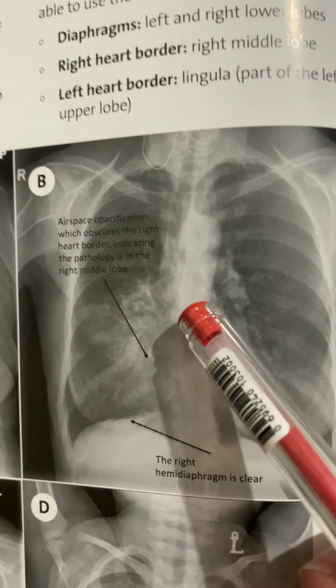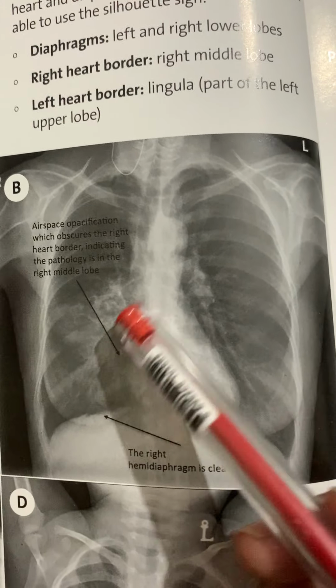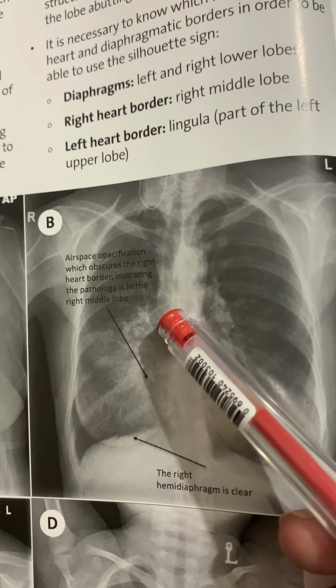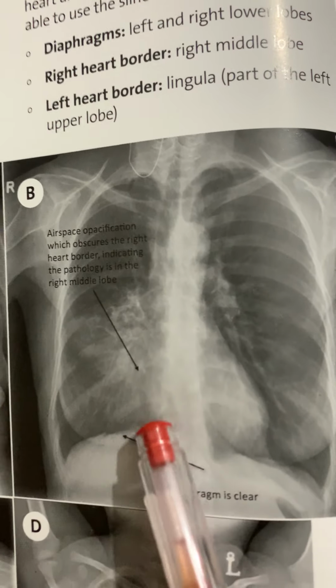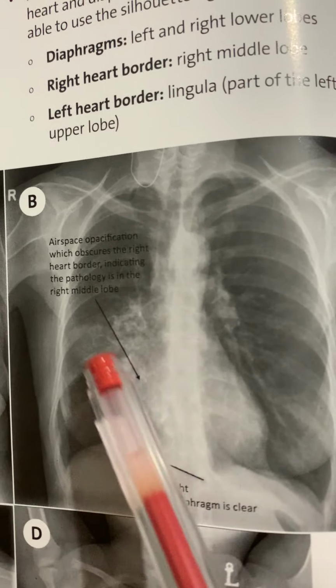Diagram B shows an indistinct right heart border. There is no specific demarcation of the right heart border with the preservation of the right hemidiaphragm, in keeping with right middle lobe consolidation.